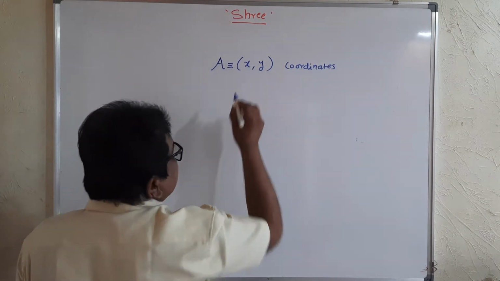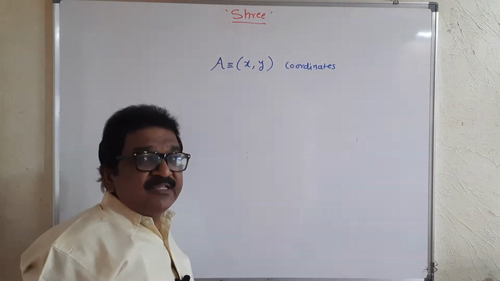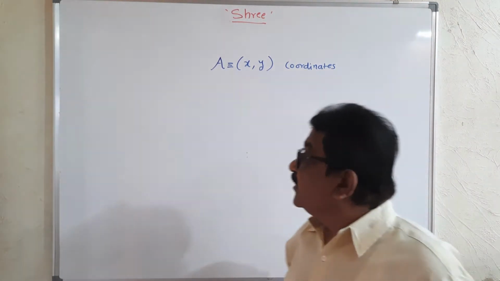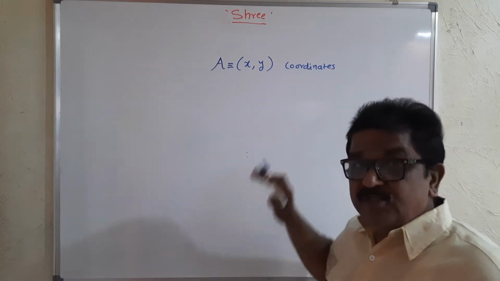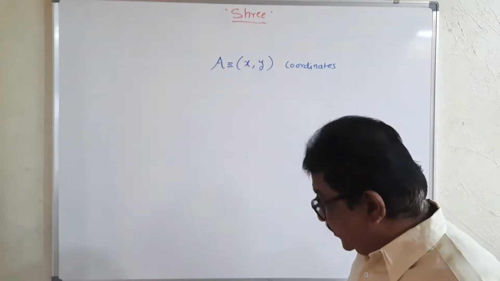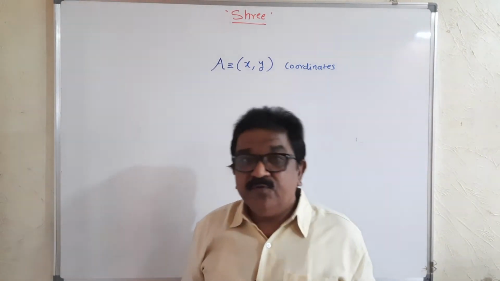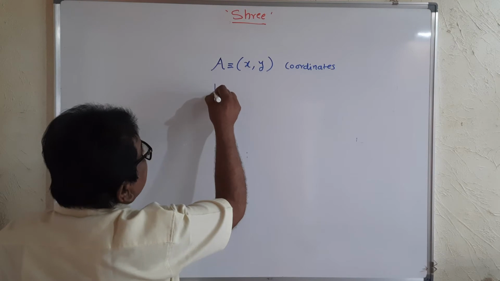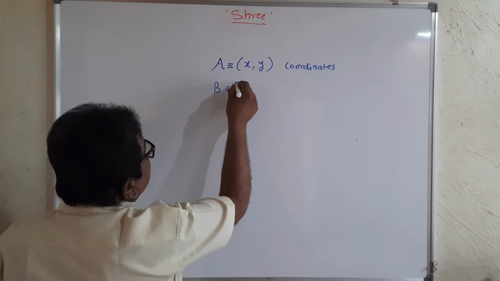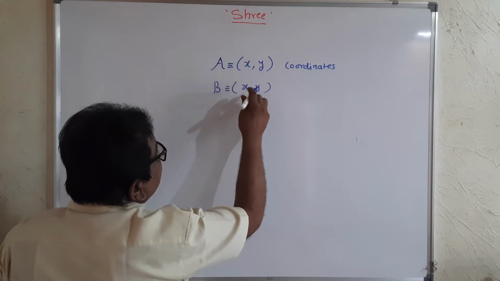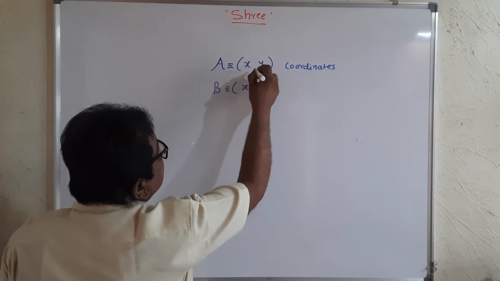The first one is the x coordinate. The second one is the y coordinate. Correct? So each point carries two coordinates. And if they give you 2 points, A and B, each with x and y, it will create confusion.